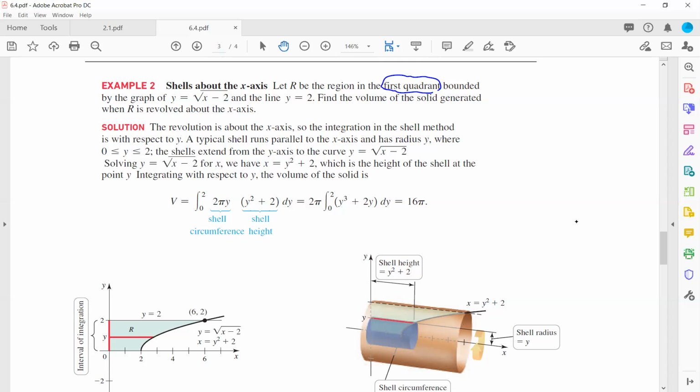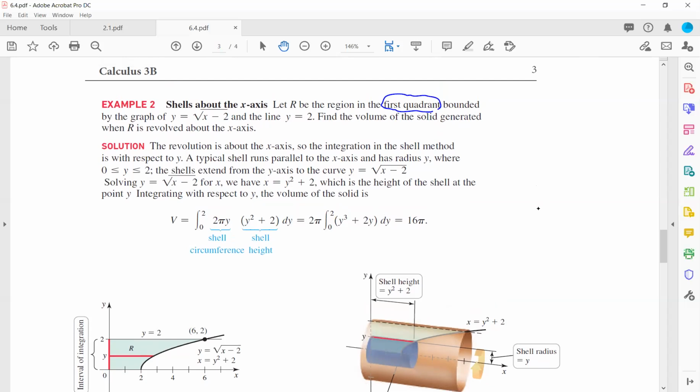We are taking this region and we are revolving this around the x-axis. Our original formula says V is equal to the integral from a to b of 2 pi x f of x dx.